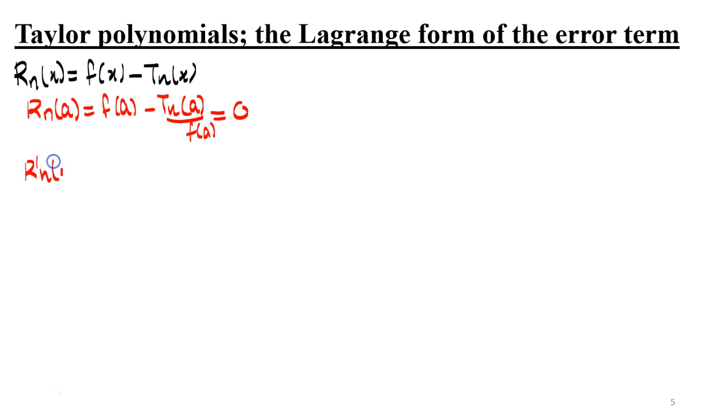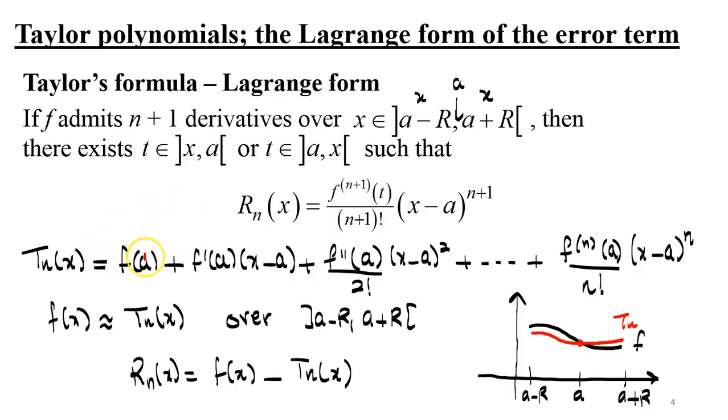Now the derivative of Rn at a would be the derivative of f at a minus the derivative of the Taylor polynomial at a. Going back to the expansion of the Taylor polynomial, you'd notice as I consider the first derivative, this term being constant, its derivative is zero. However, the first term would have a derivative of f prime of a. That is in the form of a linear polynomial where the coefficient of x is f prime of a.